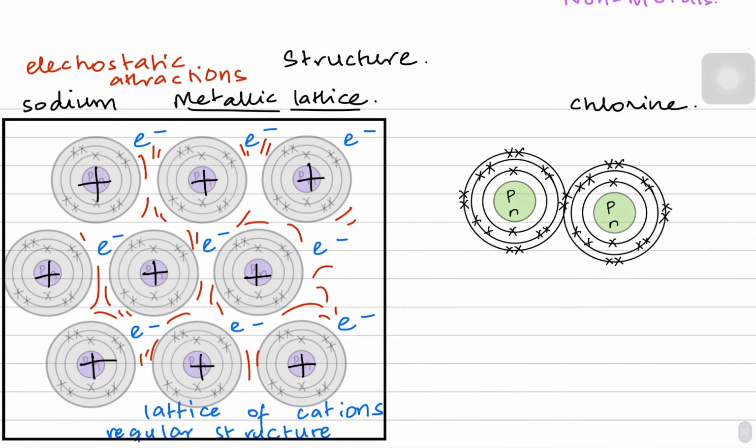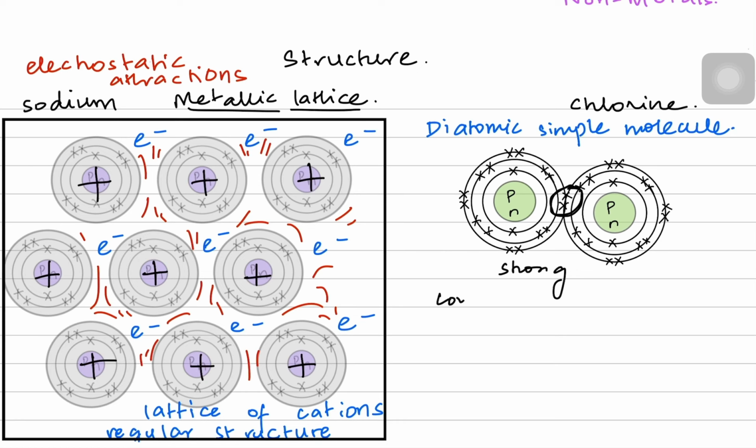Two chlorine atoms combine to make a diatomic molecule. They don't have a lattice kind of structure, they make a diatomic simple molecule. They exist in pairs. You will never see a chlorine atom alone by itself. Chlorine has a simple molecule with a strong covalent bond. This strong covalent bond is actually because of the sharing of 2 electrons between 2 chlorine atoms.